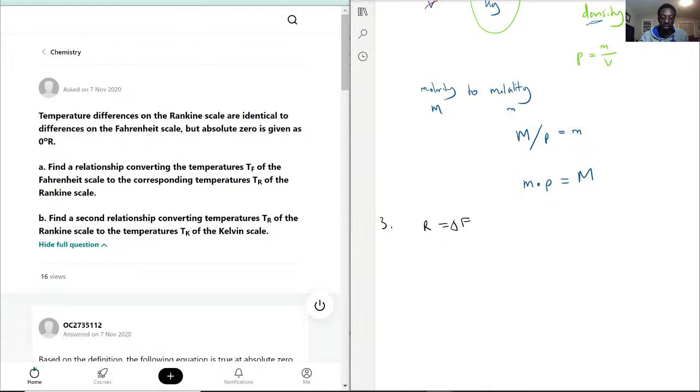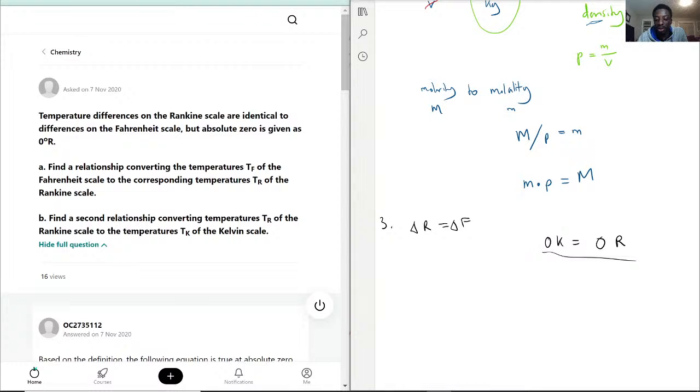So if Fahrenheit increases by 1 degree, Rankine also increases by 1 degree. But absolute zero, known as 0 Kelvin, is also equal to 0 Rankine, okay? So this is what they're giving us here.